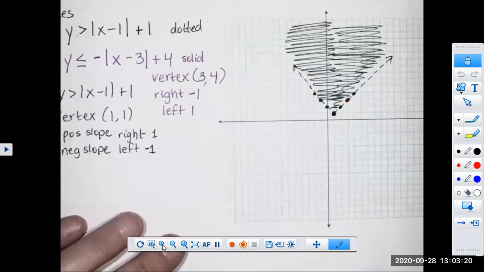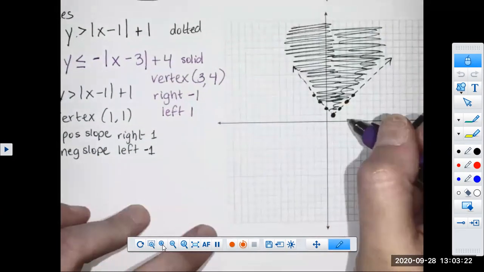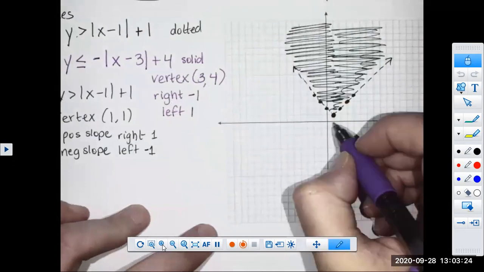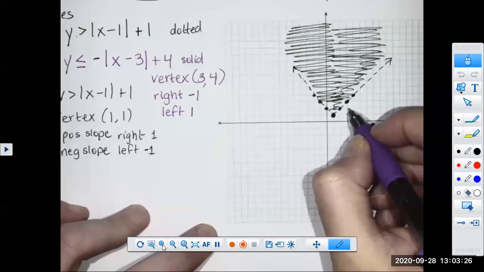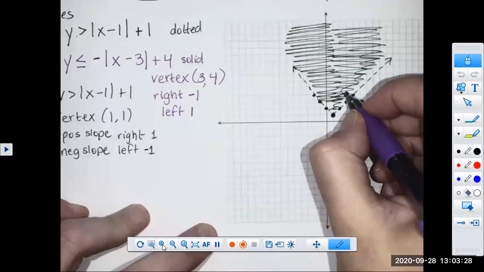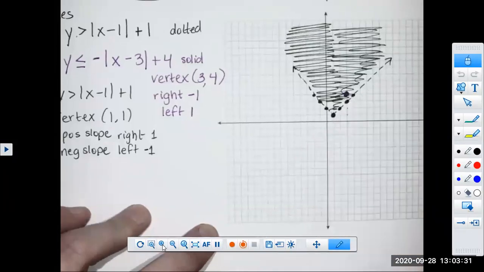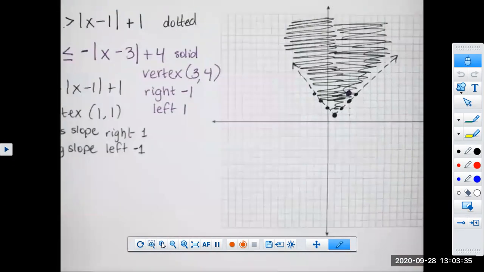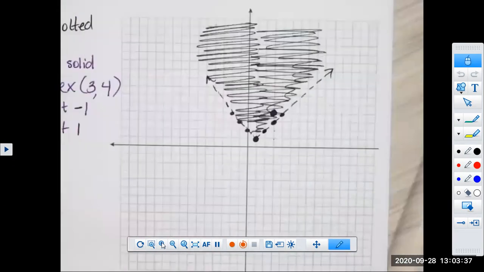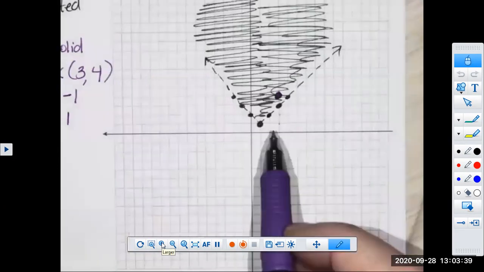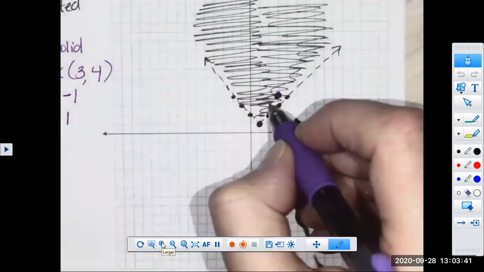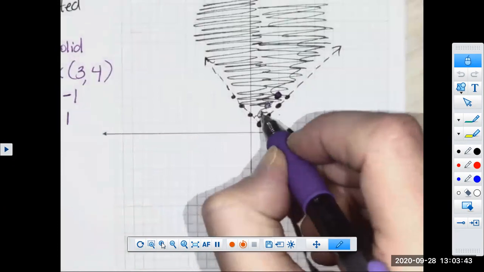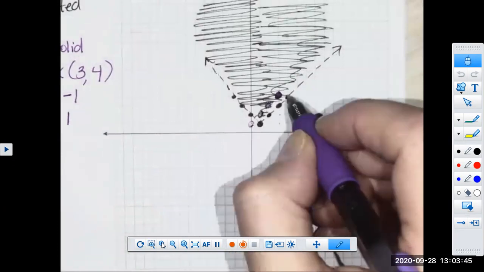All right, maybe we should have waited to shade until after we graph this one. 3, and 1, 2, 3, 4. So you have a point there. So 3, 4, and then you slope positive 1 to the left, and then negative 1.